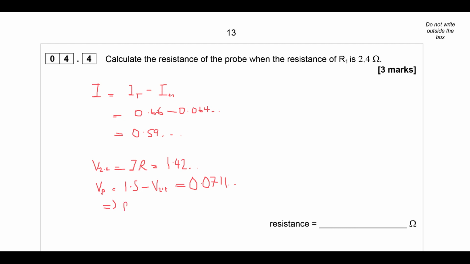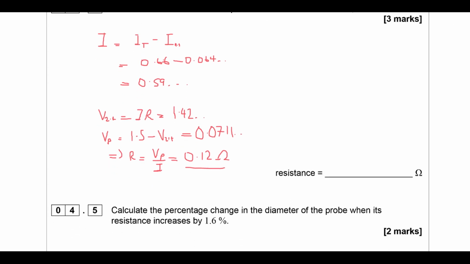So the resistance of it is going to be potential difference divided by the current through it. We just worked out the current through it, it's 0.59 and so on. And when we do that, we come up with an answer of 0.119, so it's going to be 0.12 ohms there. Okay. So that's that one complete.